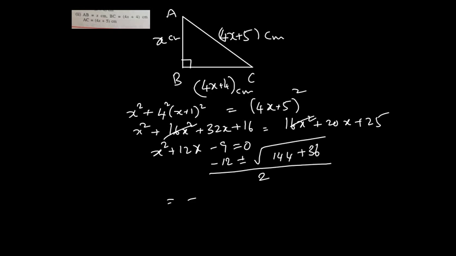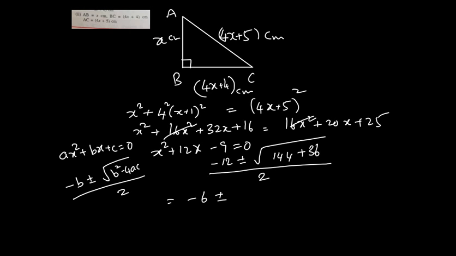How do you get that? Oh, okay, good question. There is a formula like this. If the quadratic is like this, ax squared plus bx plus c equal to 0, then this is how you will get the answer.